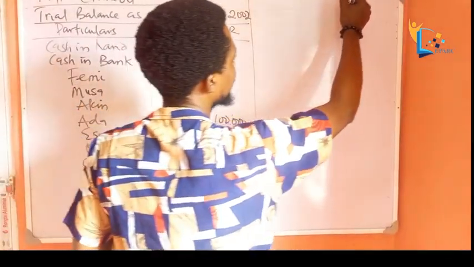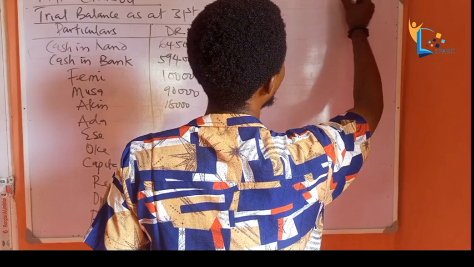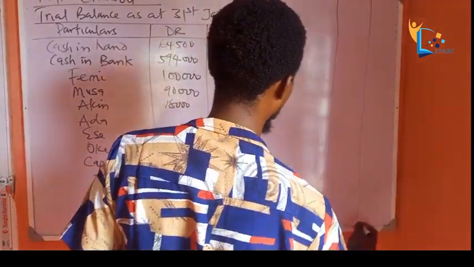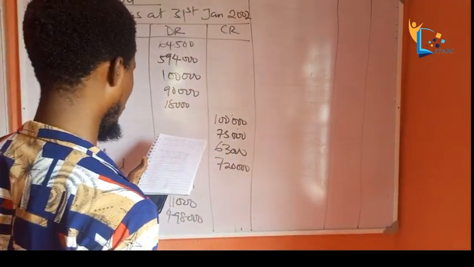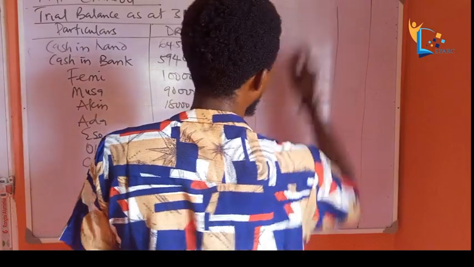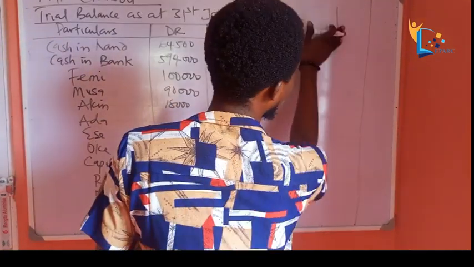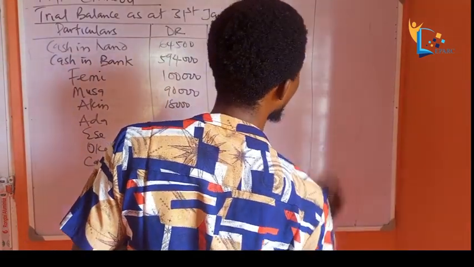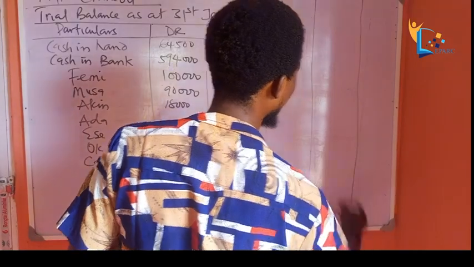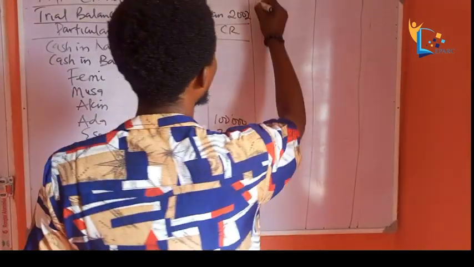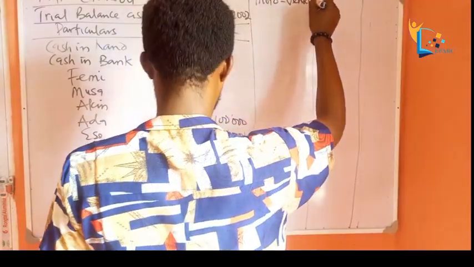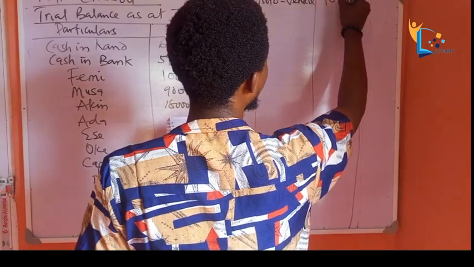Let's continue here. So we have a motor vehicle, 100K.